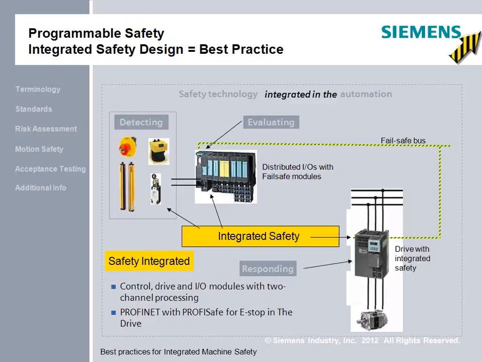We have the evaluation, which in this case has changed from a safety relay to a safety control system, what the standards would call a safety rated control system. This unit from Siemens, in this case a Sinumerik PLC, has the capability to do both standard logic for the process or machine control, in addition to safety control, all on the same platform. So in this case, the safety PLC becomes the evaluation step for our safety system.